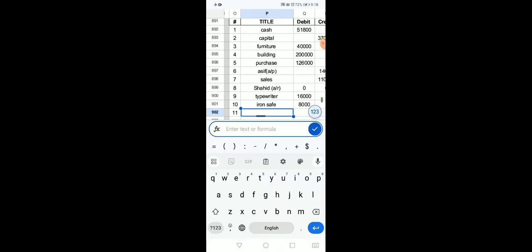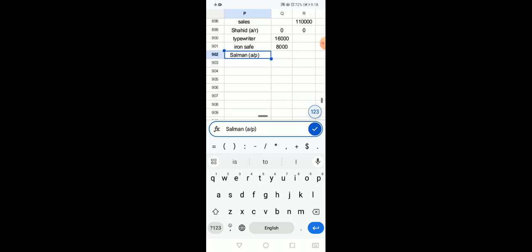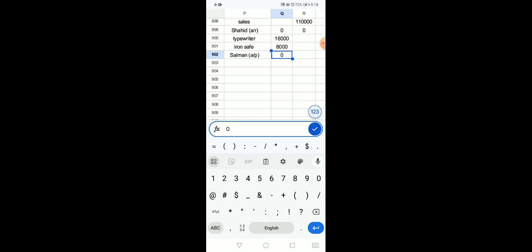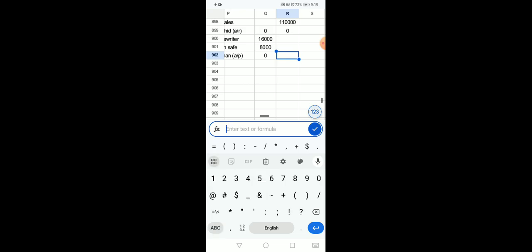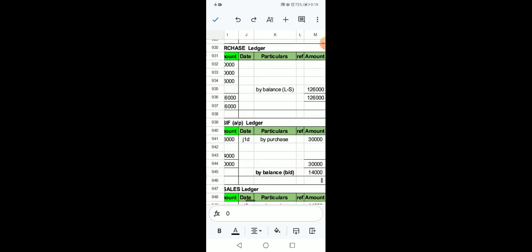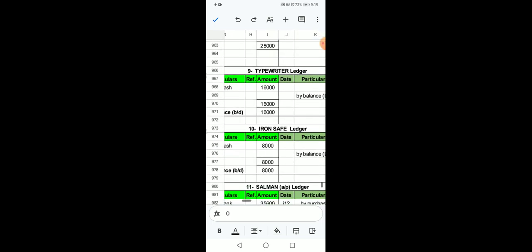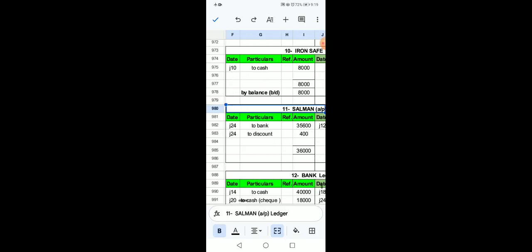Here we have our trial balance, Salman, and hopefully he is your account payable. For Salman there is no balance calculated, it was automatically balanced, both sides were equal, so you may write 0 on the debit side and 0 on the credit side. As for ledger number 11, Salman, we will have to check whether he was payable or receivable. Salman was account payable, okay, the matter is solved.